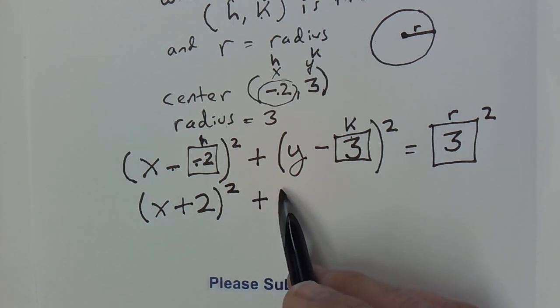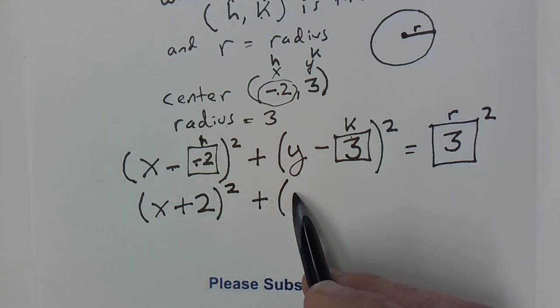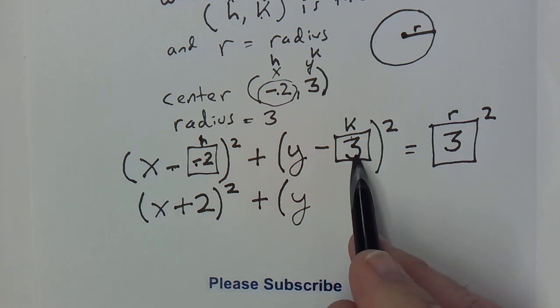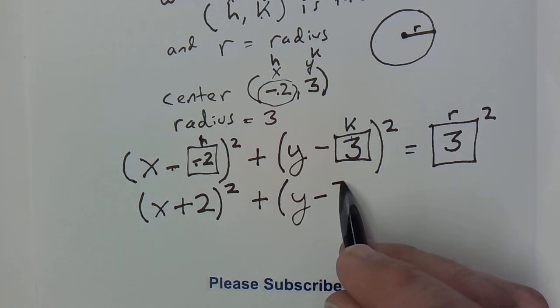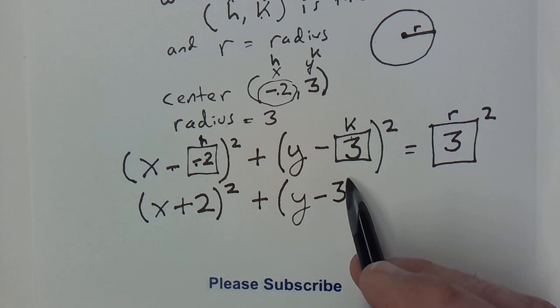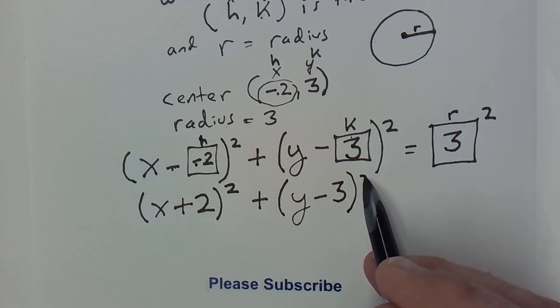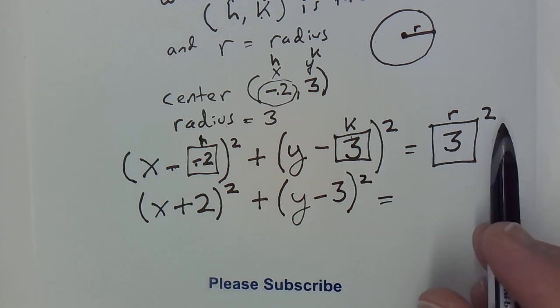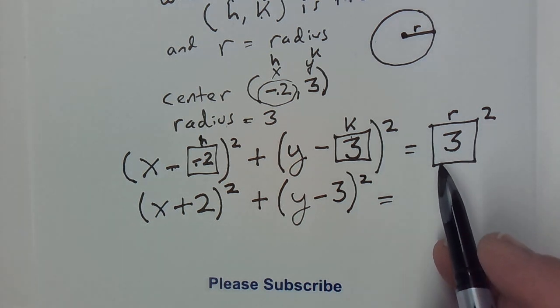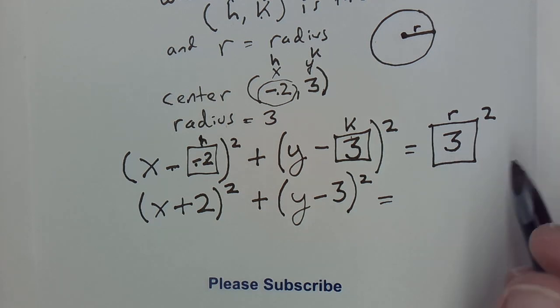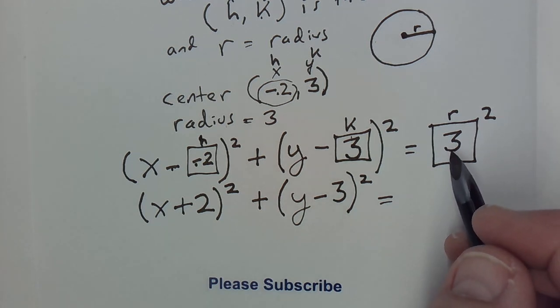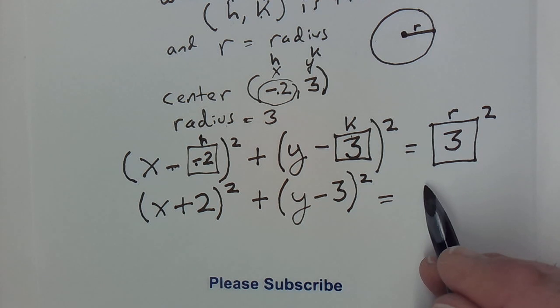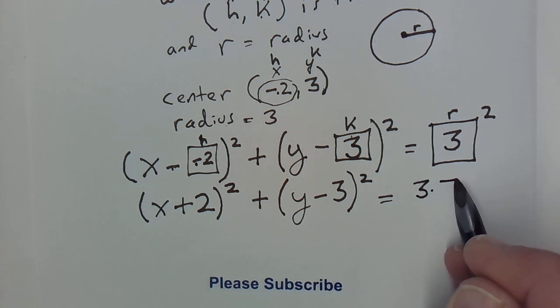I'm going to add that to (y, and I'm subtracting a positive 3, so I can just write that as minus 3), and I'm going to square that, equals 3 squared. And remember, squaring something is not the same as multiplying by 2. Squaring means multiplying by itself. So we're going to multiply the 3 by itself, which is the same as 3 times 3.